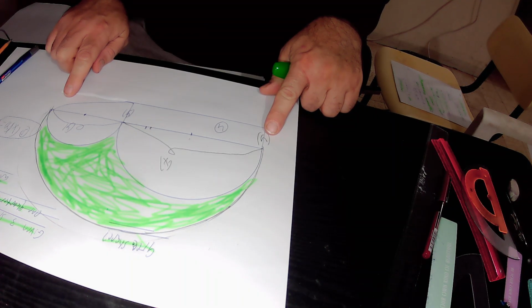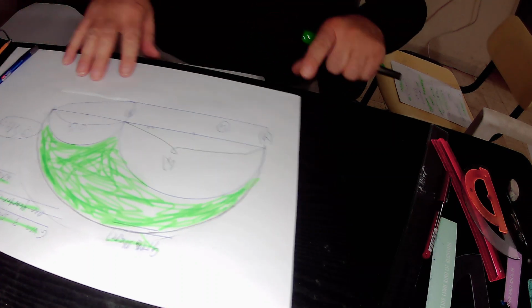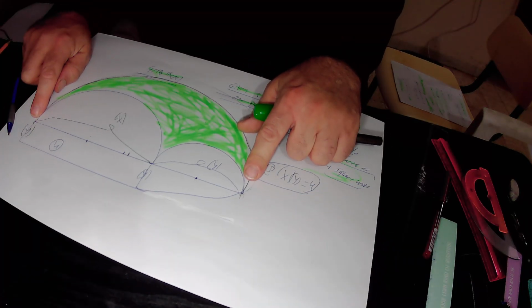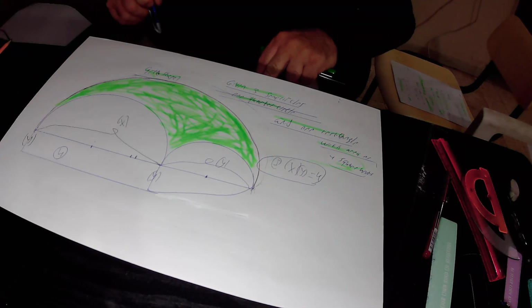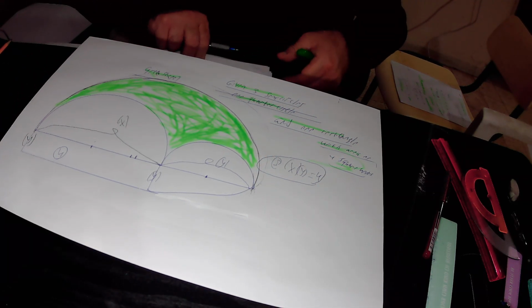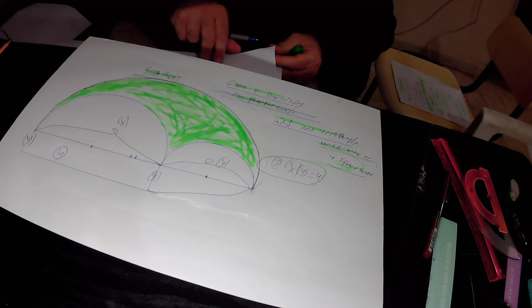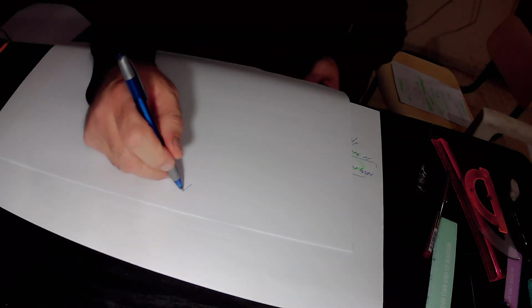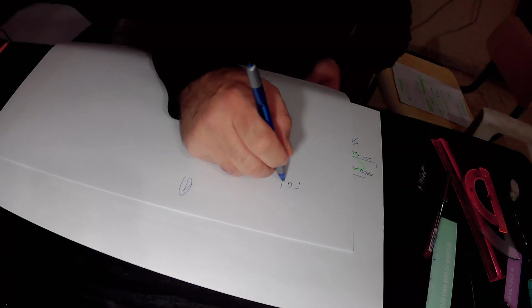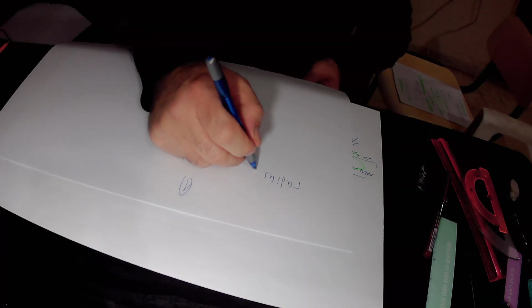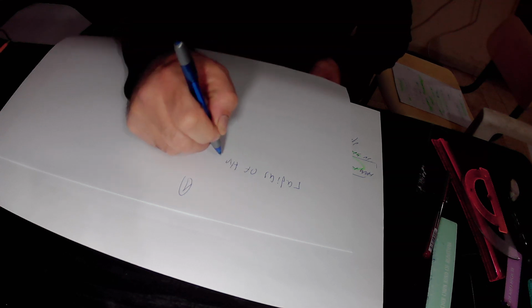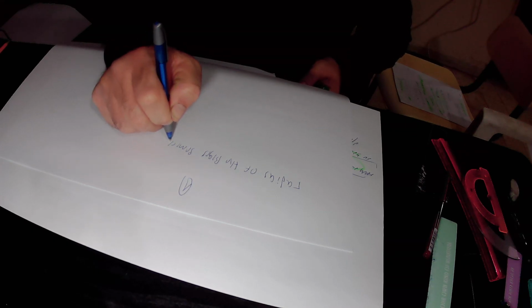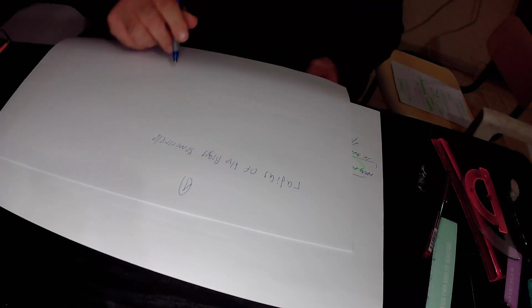The radius of the biggest semicircle equals the diameter over 2.